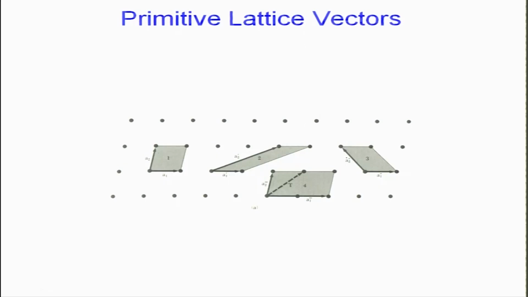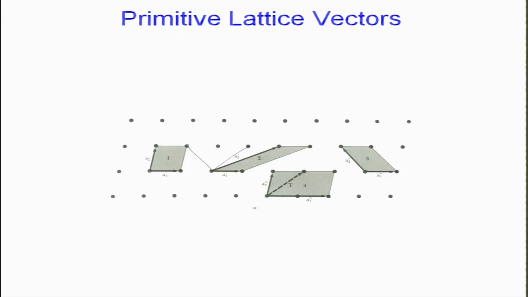Similarly, in the case where you have A1 triple prime and A2 triple prime, the unit cell that you are drawing is a non-primitive unit cell, which is a bigger unit cell. Similarly, there are multiple choices of non-primitive unit cells as well. In this case, this is one unit cell, and you can have another non-primitive unit cell like that.